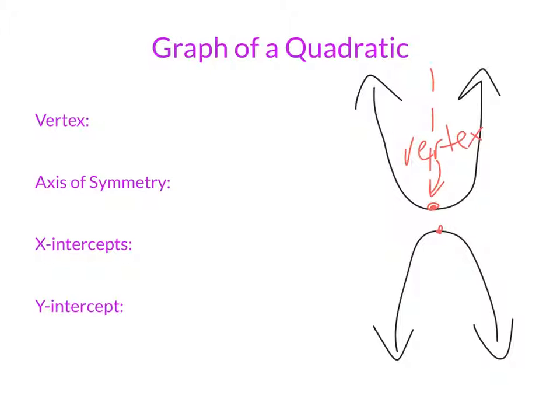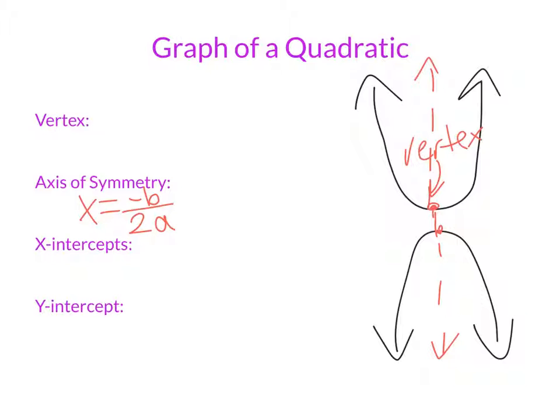So our axis of symmetry just cuts the graph right down the middle, right? It can be reflected over that. It's symmetrical, hence the name axis of symmetry. Cool. So axis of symmetry is found by doing x equals negative b over 2a.